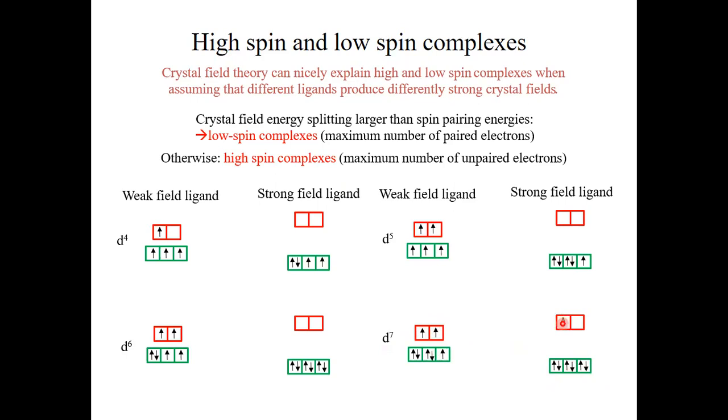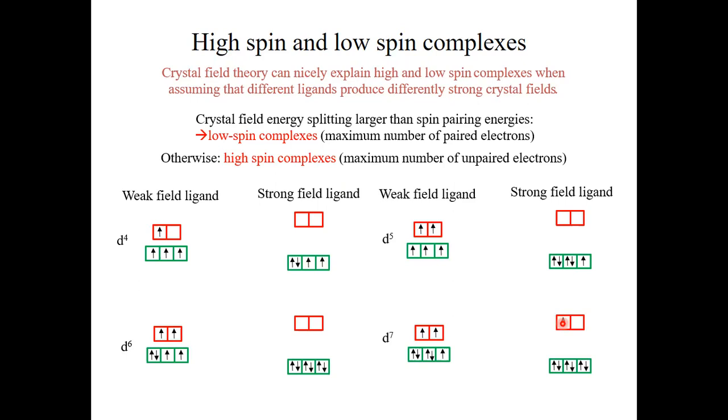Okay, now with this picture in hand, we can also understand why there are no high and low spin complexes for the electron configurations d1 to d3, and for the electron configurations d9 and d10.